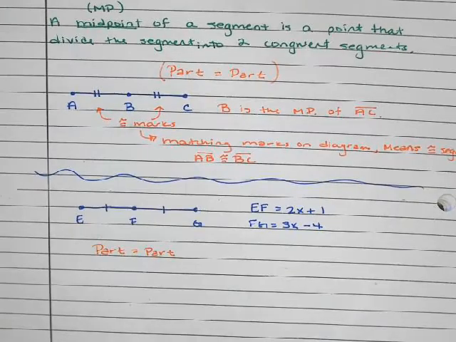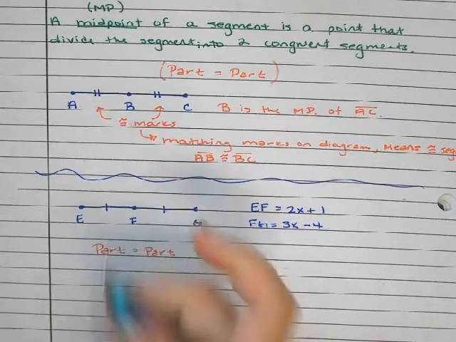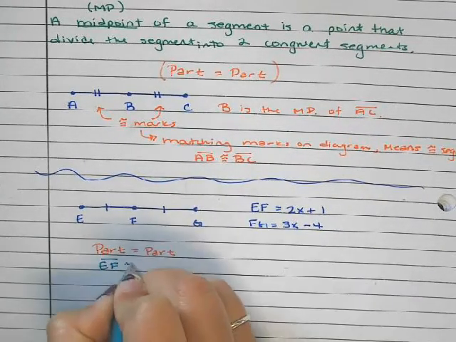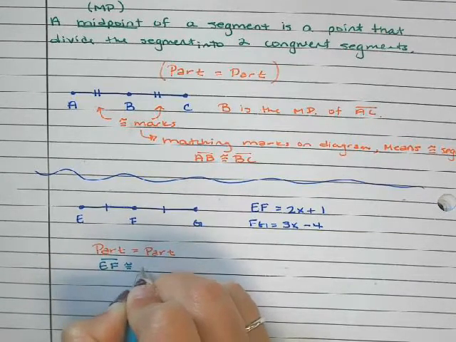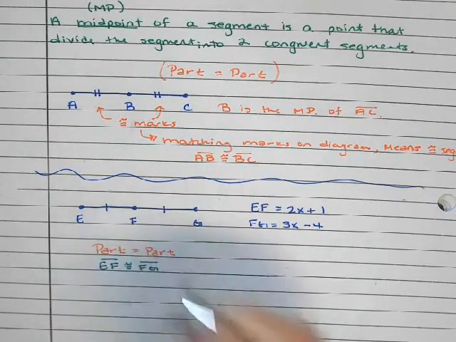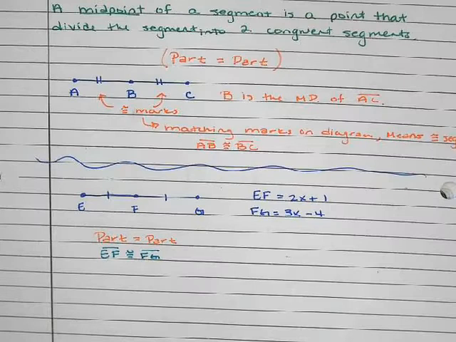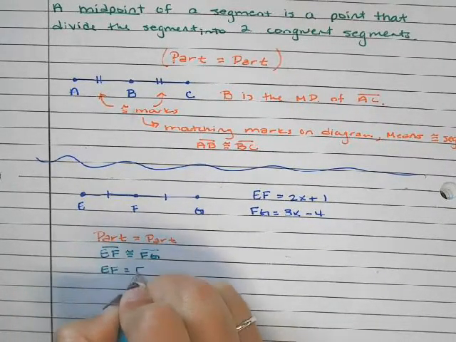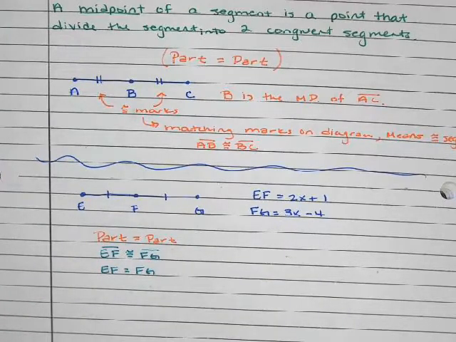Okay? So if part equals part here, that means that segment EF must be congruent to segment FG because that's a midpoint, because part equals part. I could also just write that EF equals FG because that's talking about the lengths. Okay. Well, they gave me the lengths.